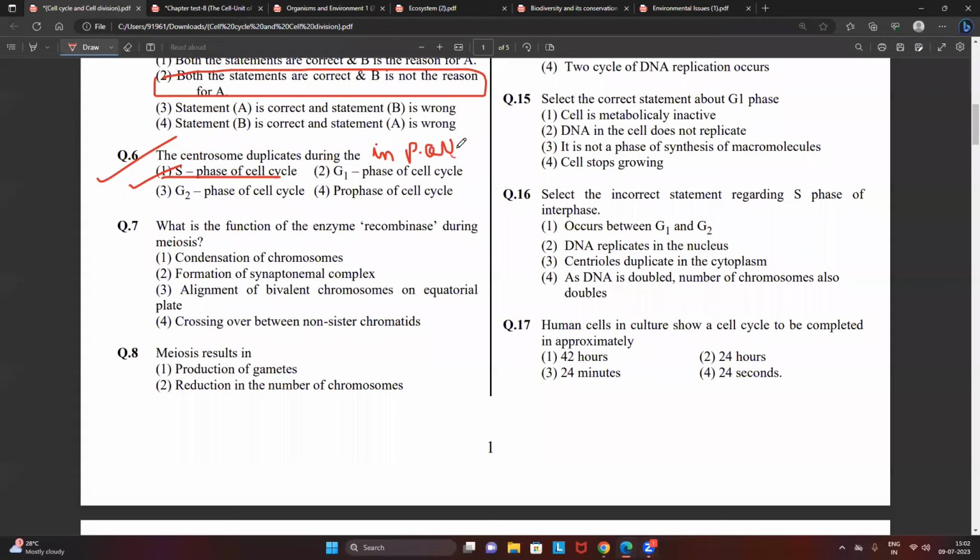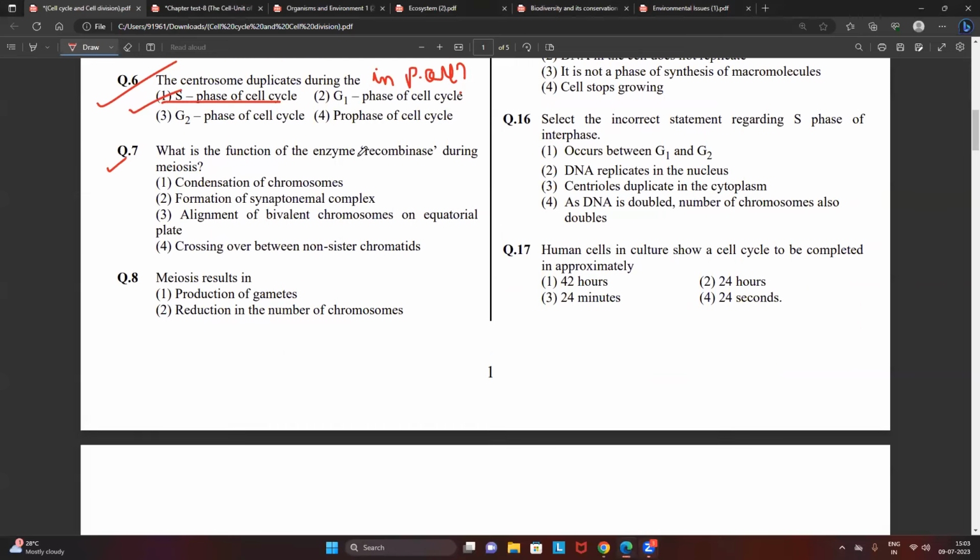Of course, we all know very well that in the plant cell there will be a centriole. Good. Question number 7: what is the function of the enzyme recombinase during the process of meiosis?